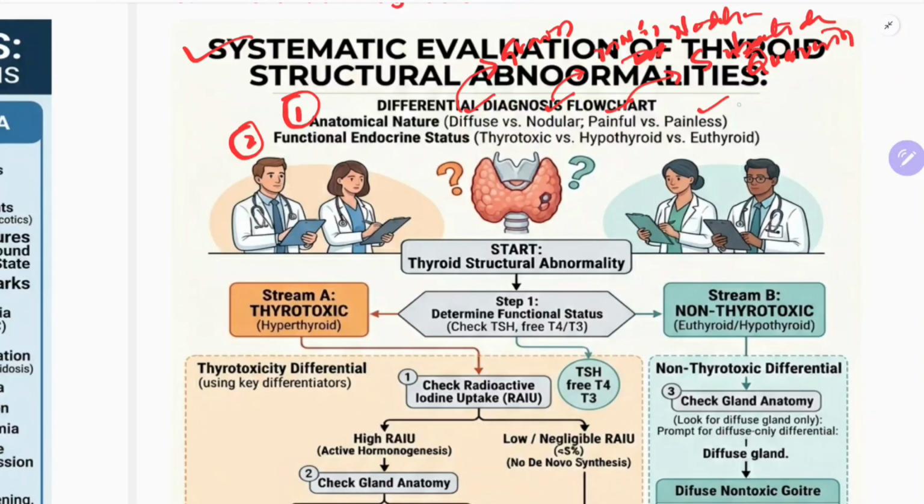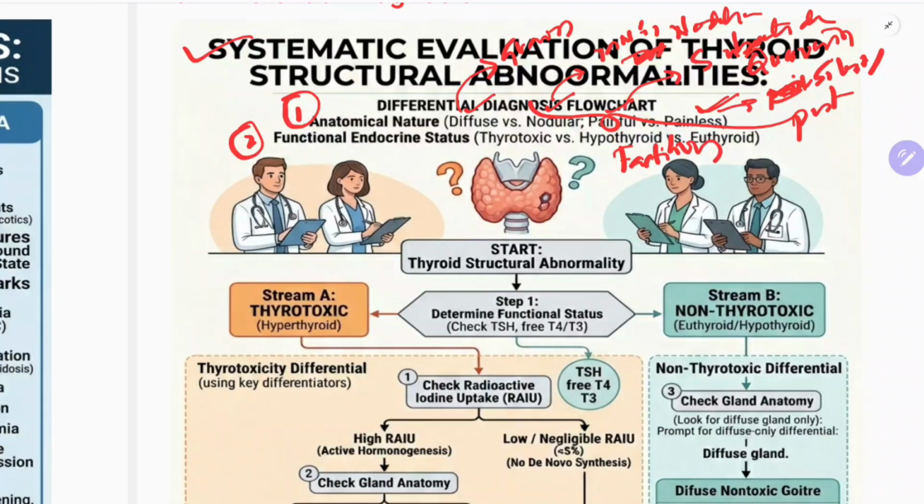That means viral thyroiditis. Painless is seen in painless or silent, and postpartum thyroiditis. And if there is no goiter, then the cause could be factitious thyrotoxicosis. So that's why this anatomical classification is necessary.